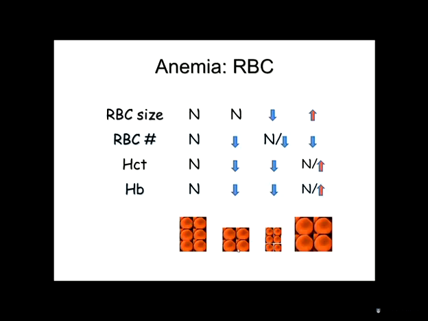But if they're reduced in number, then all the other parameters are going to go down as well, because you'll have also lower hematocrit and lower hemoglobin because you have fewer cells to begin with, even though they might be normal-looking cells, and so on. So this is kind of a chart that might help you visualize the scheme, how these different parameters fit together to produce the result.